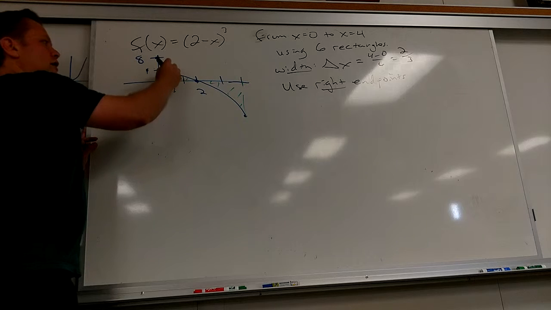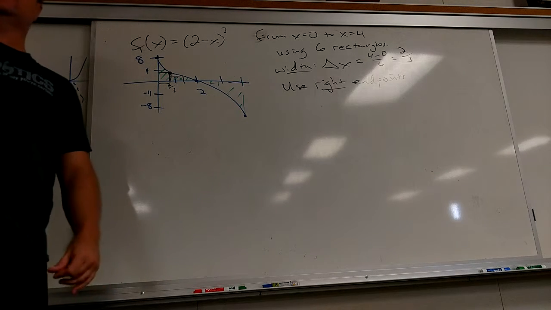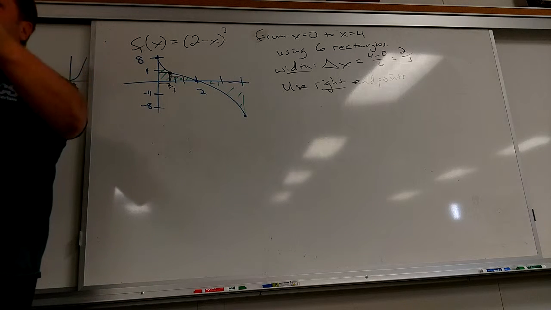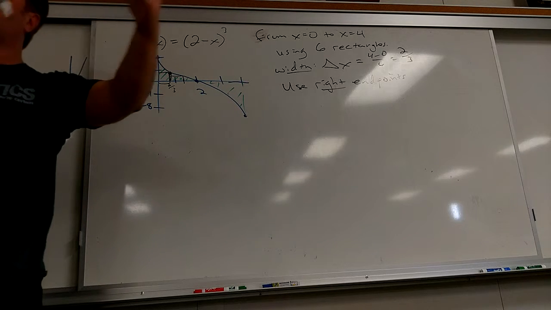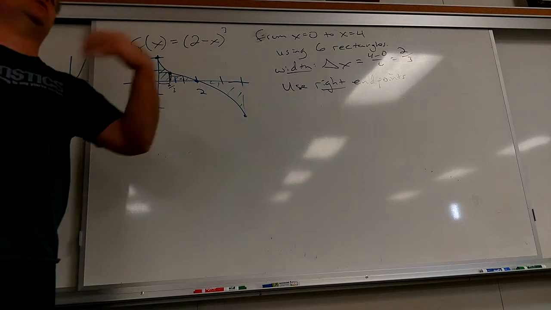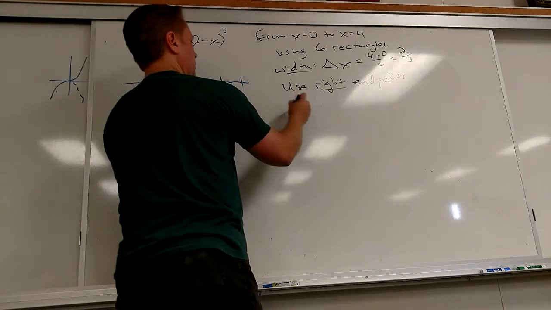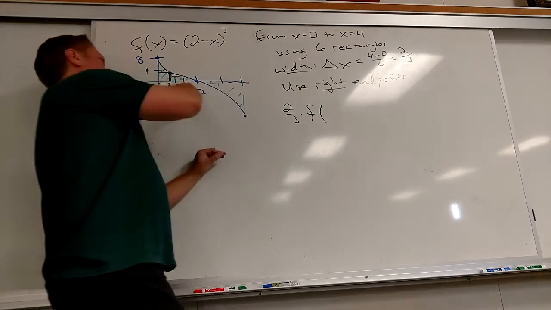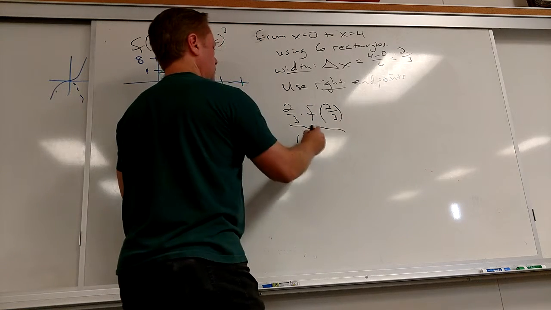How tall it is, is the function evaluated there, of course. So that's why it makes sense that I take f of x times delta x, because each one of those is the area of a rectangle. If I add them all up, I get the total area estimate. So for the first rectangle, it's going to be 2/3 times f of 2/3. That's the first rectangle.